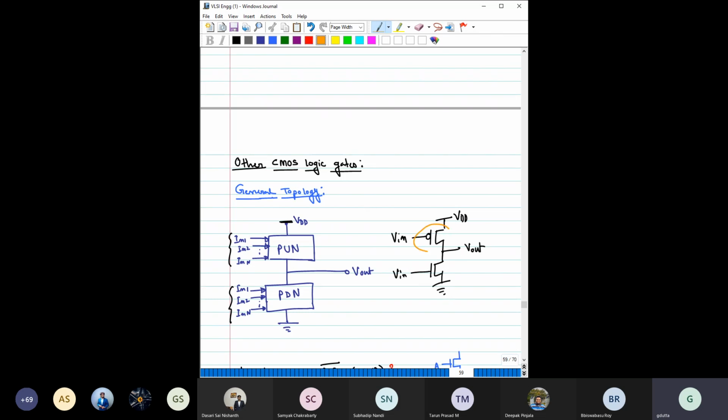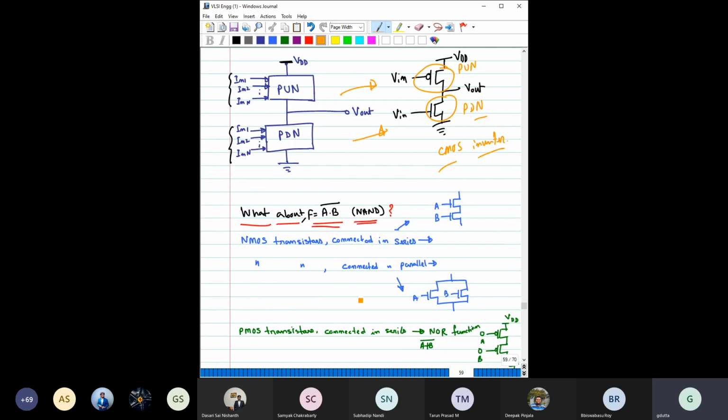So this basically gives the pull up network, and this basically gives the pull down network, right? So from this general topology we can arrive at the CMOS inverter again. Now the question is, what about some other gates?